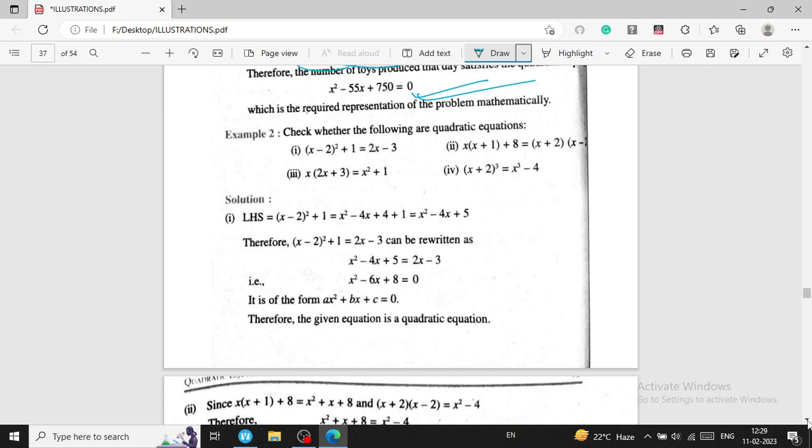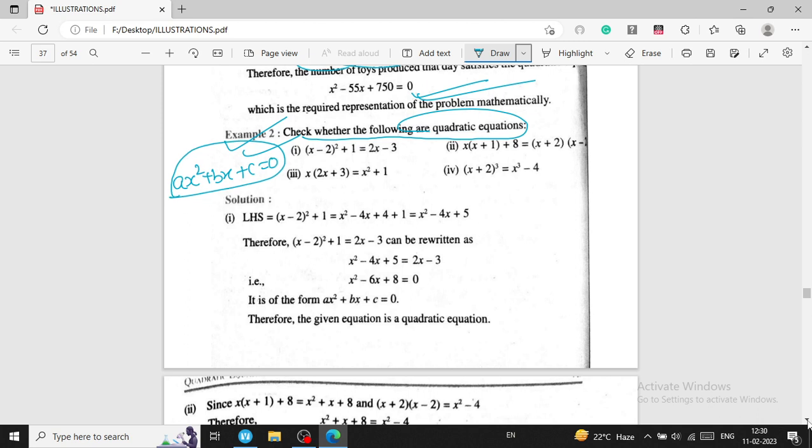Now, the next question, an example is given. Check whether the following are quadratic equations or not. For a quadratic equation, we should keep in mind that the equation should be in the form of ax square plus bx plus c is equal to 0. Where this format is not given, that is not a quadratic equation.